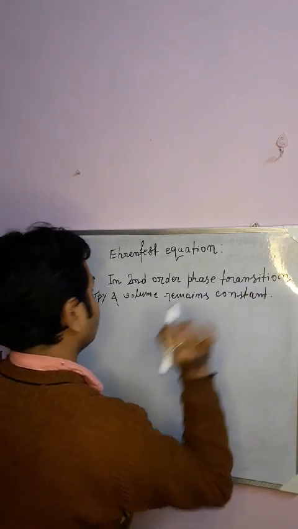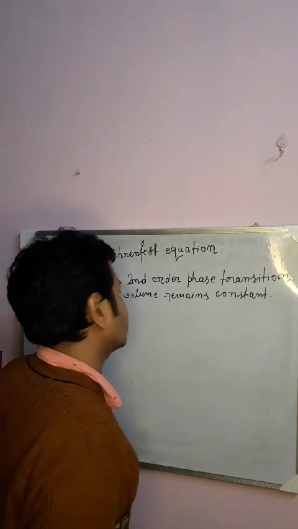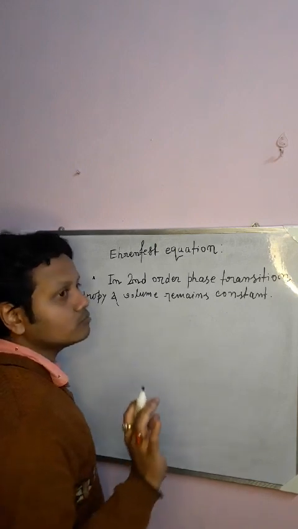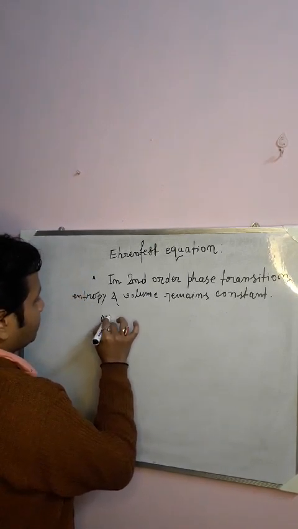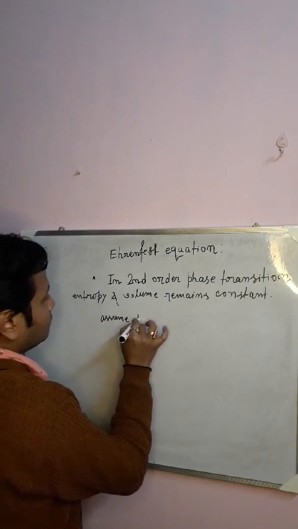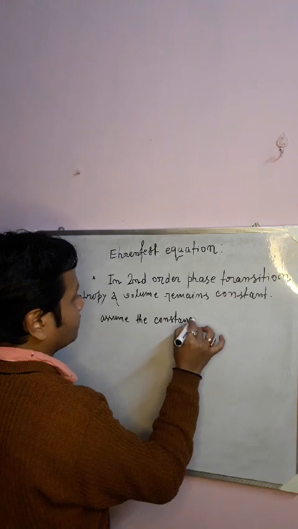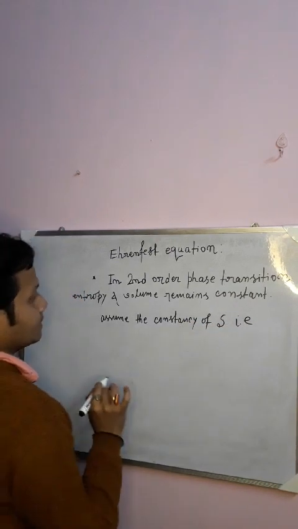Okay, so we have to take both. So let us assume at first the constancy of entropy.